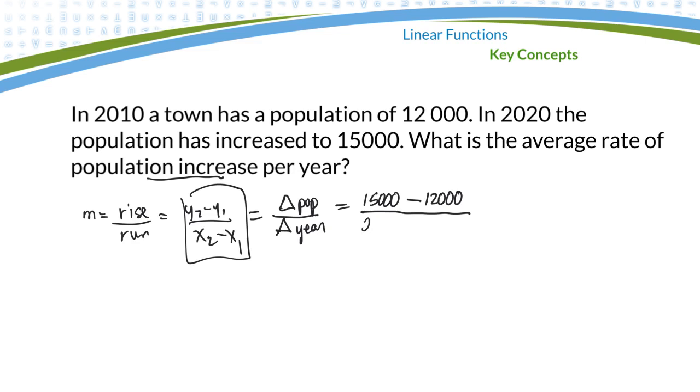So I ended in 2020 and I started in 2010. So when you look at this, the top will be 3,000 and the bottom will be 10 years. So if you divide those, you get 300 additional people per year.